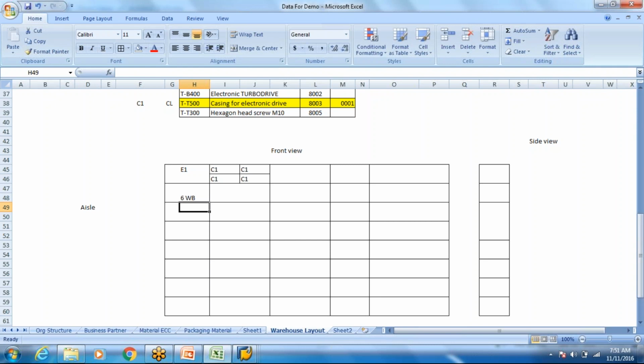So in the pallet strategy, if you have activated it in the storage type, you have selected pallets. If in one bin you have placed a pallet, in that bin you can only place that kind of pallet. If I have placed one wire basket here, I can only place wire baskets in that bin.